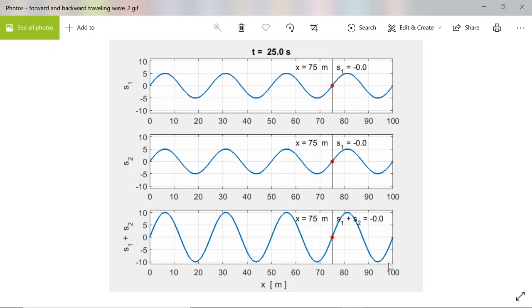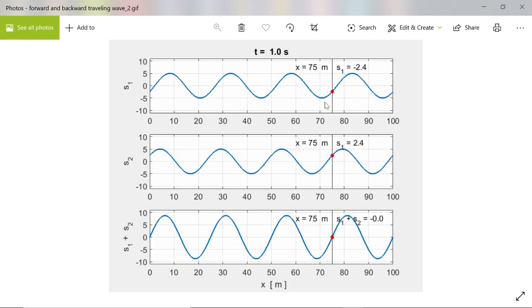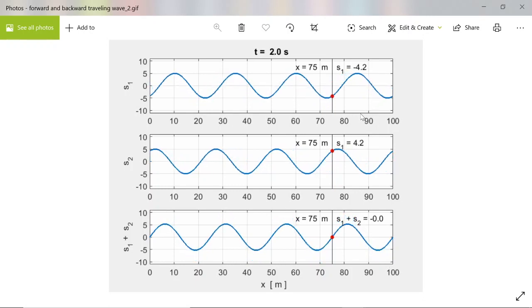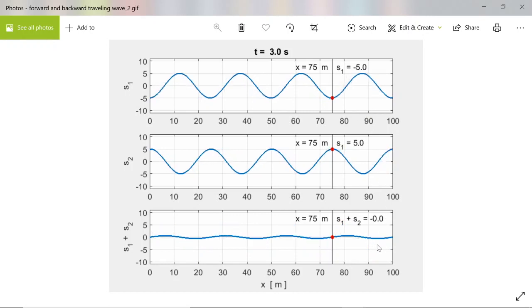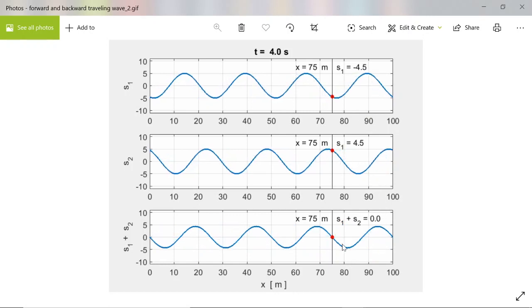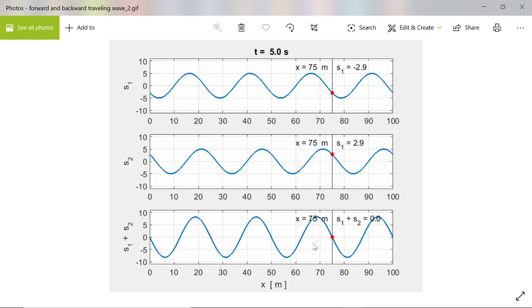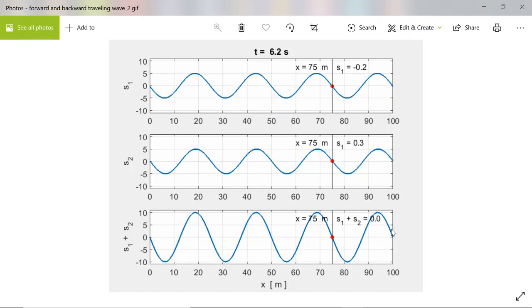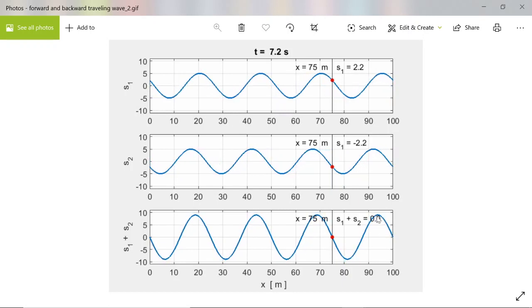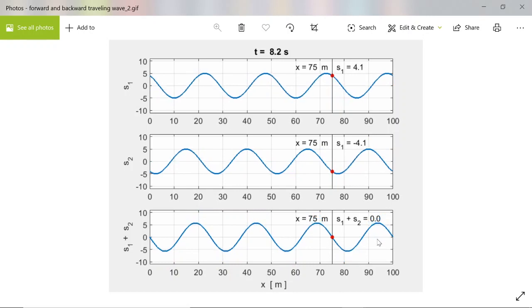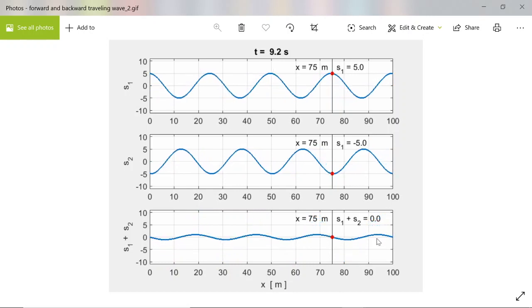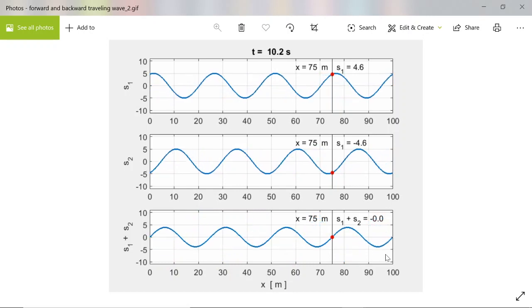You will see that these will be added together at each point in space. The electric field will be added, and what you will see is that the electric field does not seem to be propagating, but rather it is oscillating in the same space. Somewhere it is the maximum, then it is reducing, here you have 0, then it is negative 1.